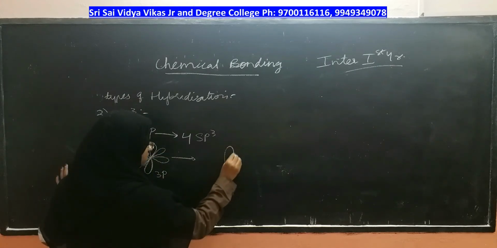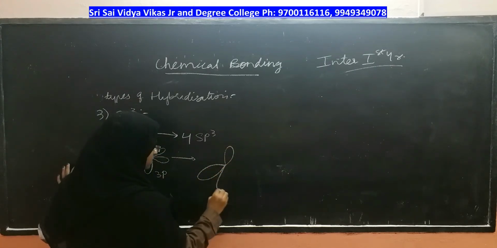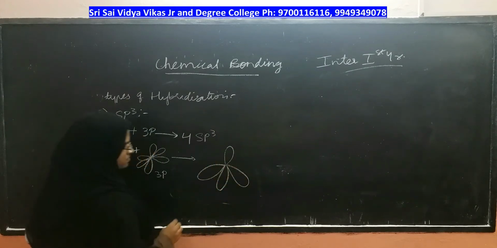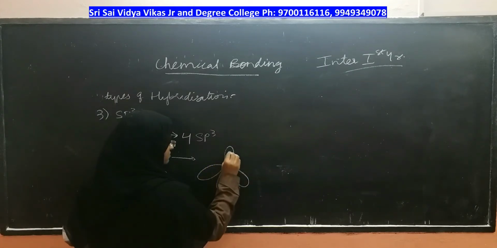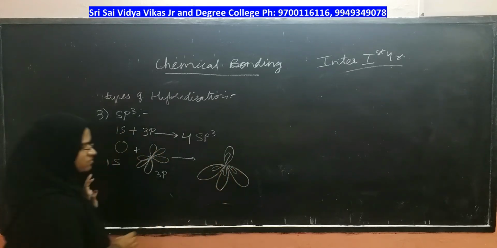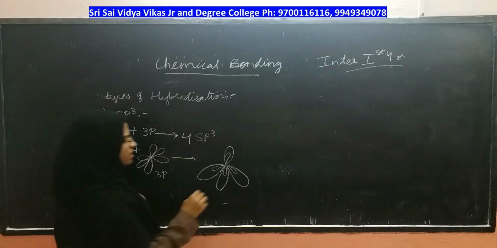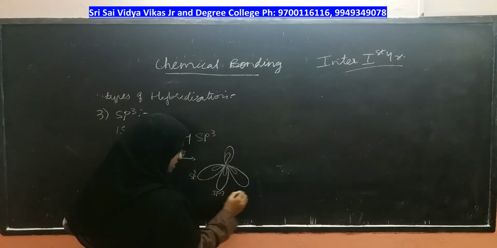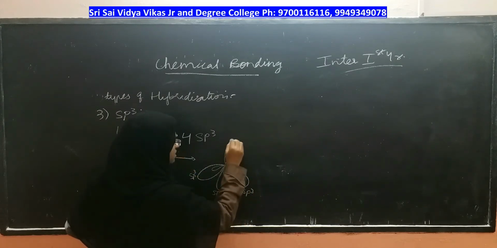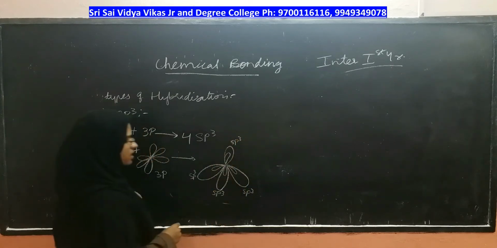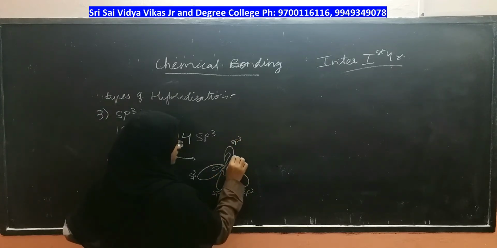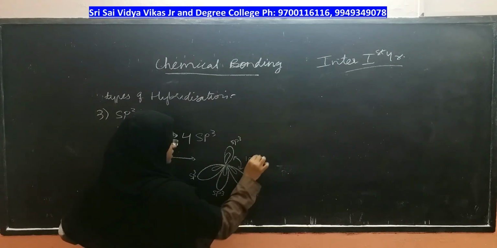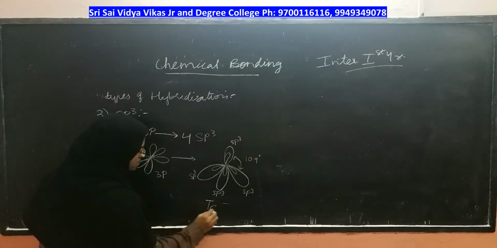They mix in this manner, having tetrahedral shape. This is sp3, this is also sp3, this is also sp3, this is also sp3, right? And the angle between them is 109 degrees and the shape is tetrahedral.